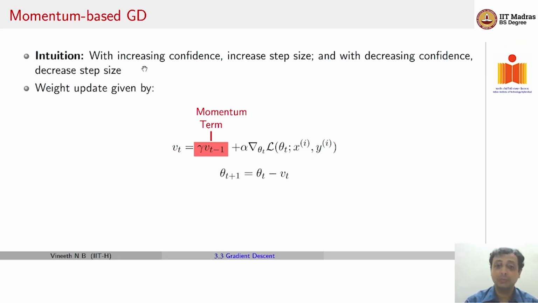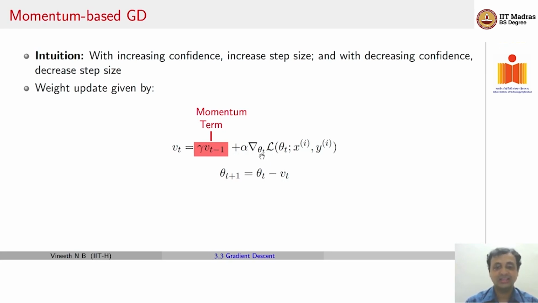So mathematically speaking, how do you implement it? You define something known as a velocity vector, Vt. Velocity is simply change of distance over time. So it's simply your update in parameters over one iteration. It's simply a name in this particular context. Vt, which is the change of parameters that you're going to have in this time step, is given by gamma times Vt minus 1, which is your change in weights in the previous time step weighted by a particular coefficient gamma, plus the rest of it is standard gradient descent: alpha, the learning rate, times the gradient of the loss with respect to the parameter theta.